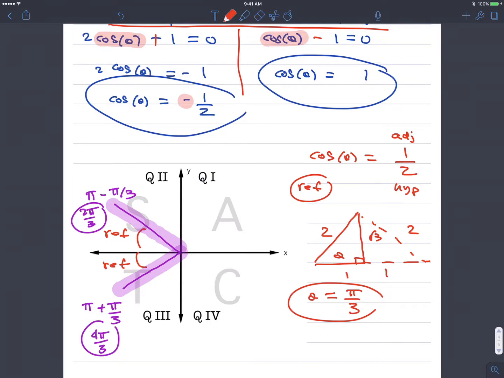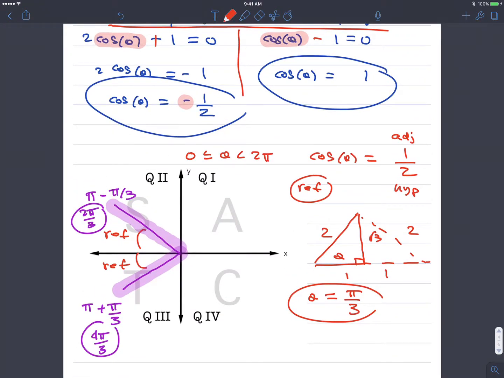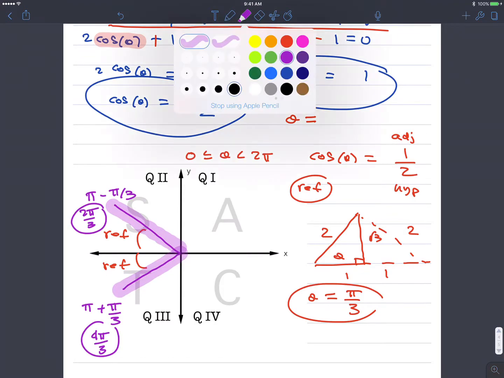In the interval from 0 to 2 pi, really over this 4-quadrant scenario, where is cosine theta +1? Right, let's ask you, where's cosine theta 1? In this particular interval.